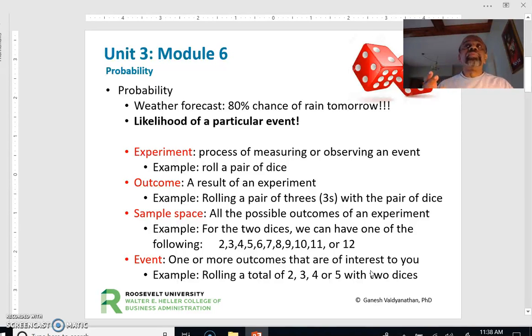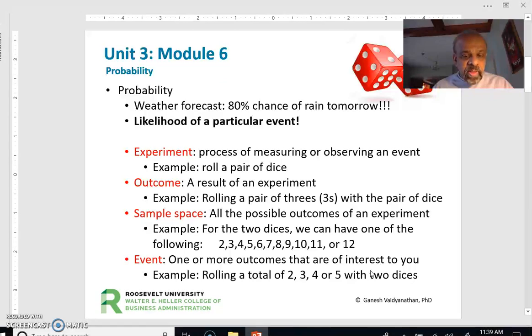So when a weatherman tells us there is an 80% chance of rain tomorrow, we are actually talking about a probability of that particular event, the rain, which is going to happen tomorrow. And probability is the likelihood of a particular event. And this likelihood of a particular event is an important thing in statistics.